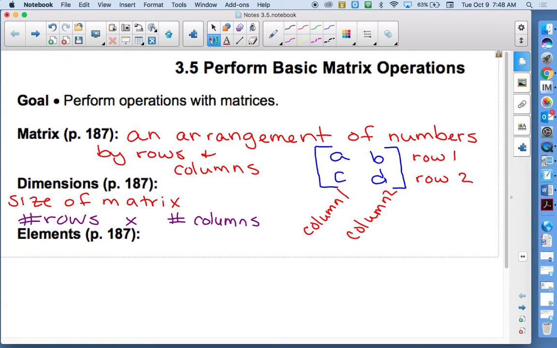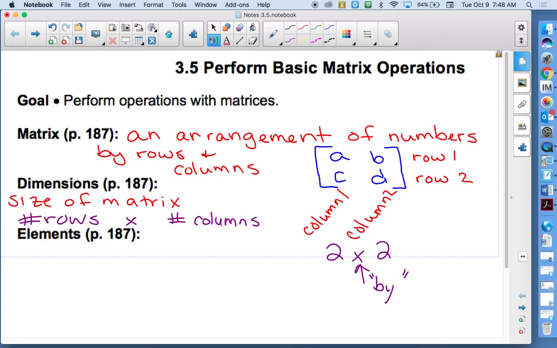So this matrix here is a 2 by 2 matrix. We're not multiplying. The size of the matrix we say is 2 by 2: 2 rows and 2 columns. Or 3 by 2, 5 by 2, 7 by 2. The little X means the word by.